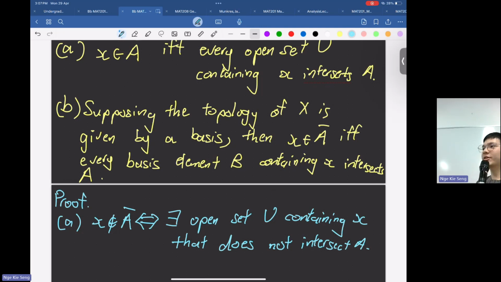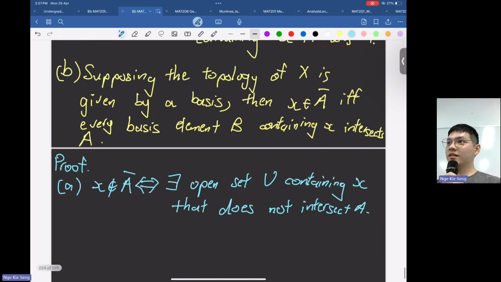What is A bar? Is A bar closed or open? Closed, right? Since A bar is closed, the complement is open.